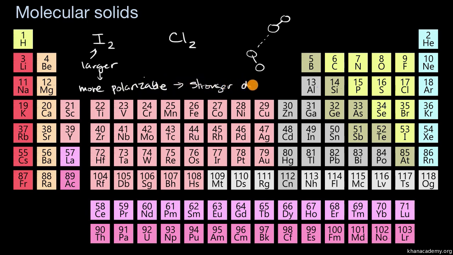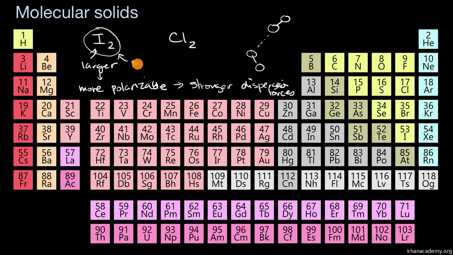Stronger dispersion forces. Now, just as a reminder, these dispersion forces are between molecules. Each molecule has a covalent bond between two iodines, and then the dispersion forces are between the molecules. But because it has stronger dispersion forces, we would expect that a molecular solid formed by iodine is going to have a higher melting point than a molecular solid formed by chlorine. And I actually do have the numbers here.